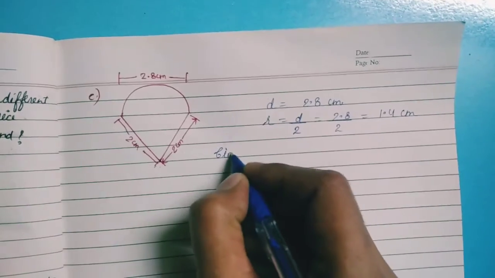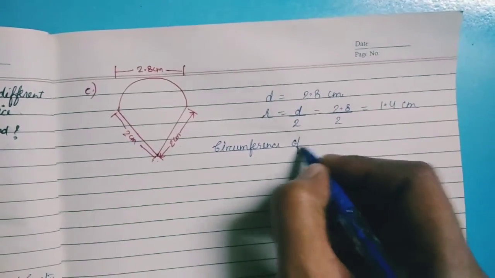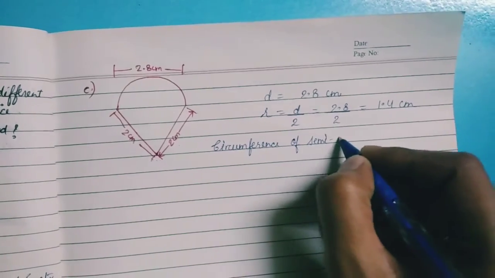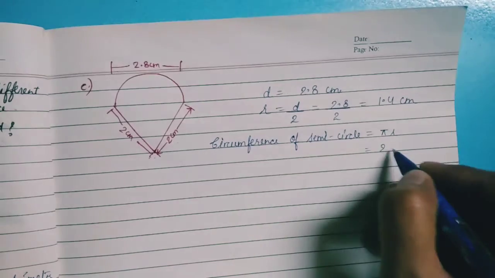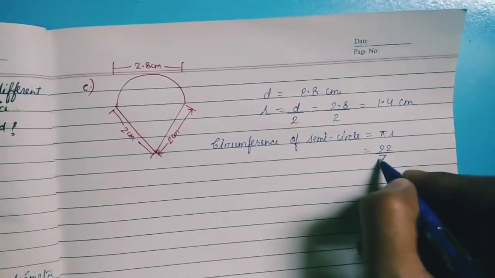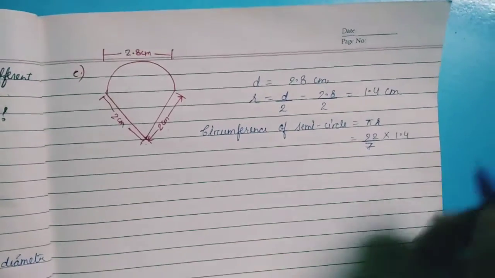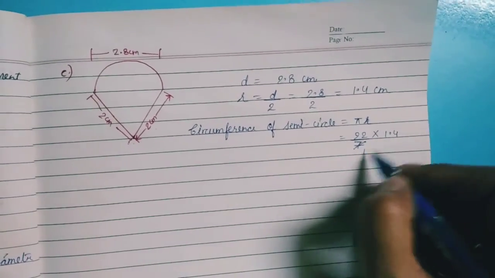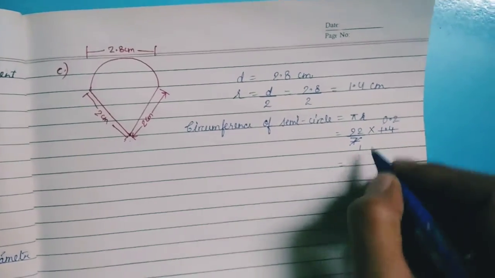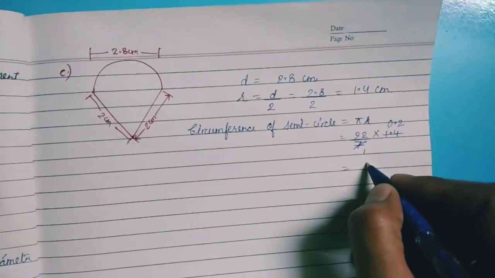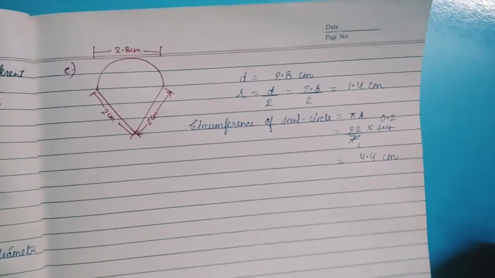So the circumference of the semicircle is pi r, and pi value is 22 by 7 and r value is 1.4. When we divide 1.4 by 7, it will give us 0.2, and 22 multiplied by 0.2 will give us 4.4 centimeter.